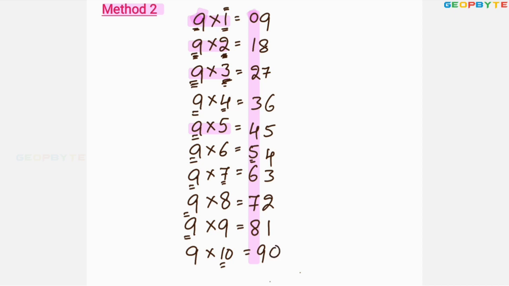Your table 9 is completed. Since I have explained each and every point, it took some time, but within 2 seconds you can complete this table. I hope all of you clearly understood.